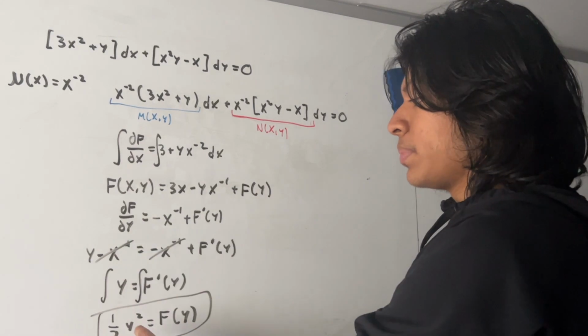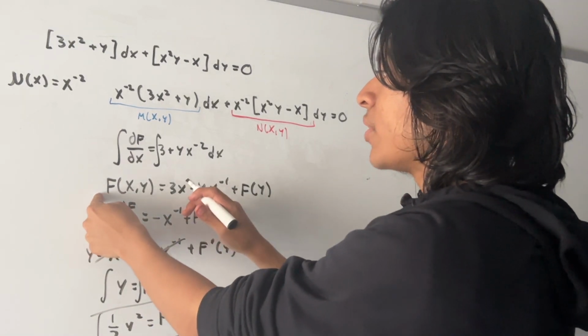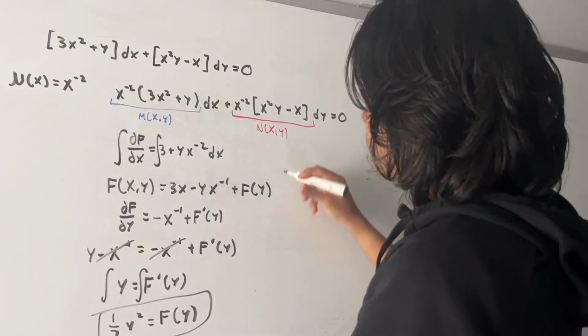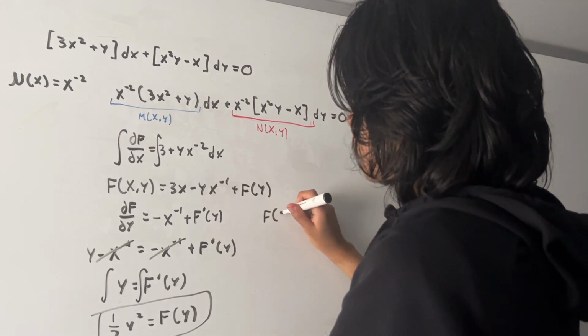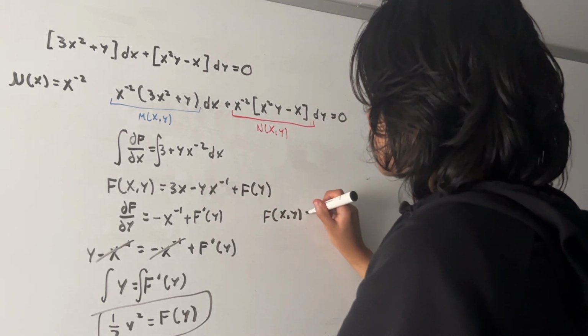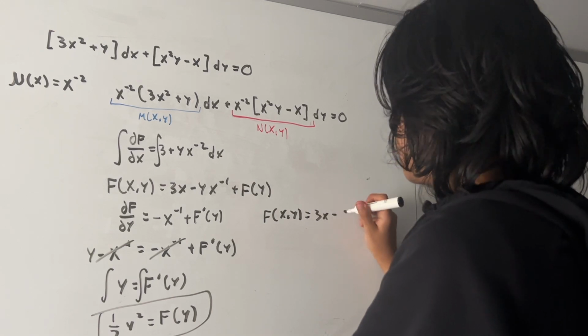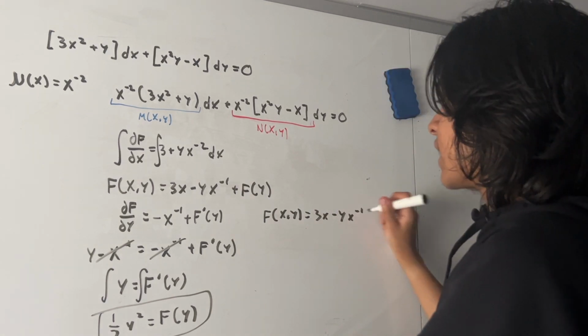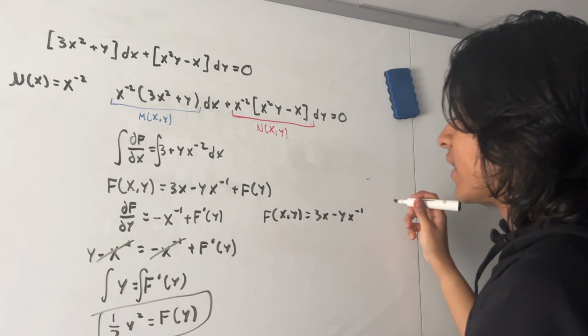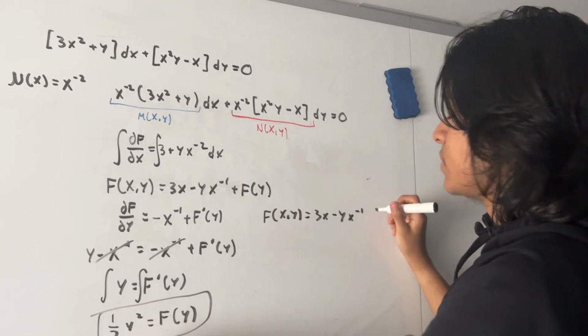So now we could just plug this in on this part right here. So we have f of x, y is equal to 3x minus y x to the -1, then plus 1/2 times y squared.